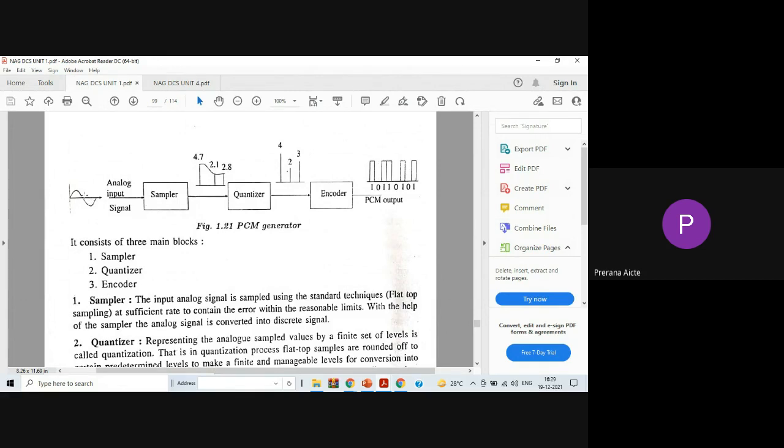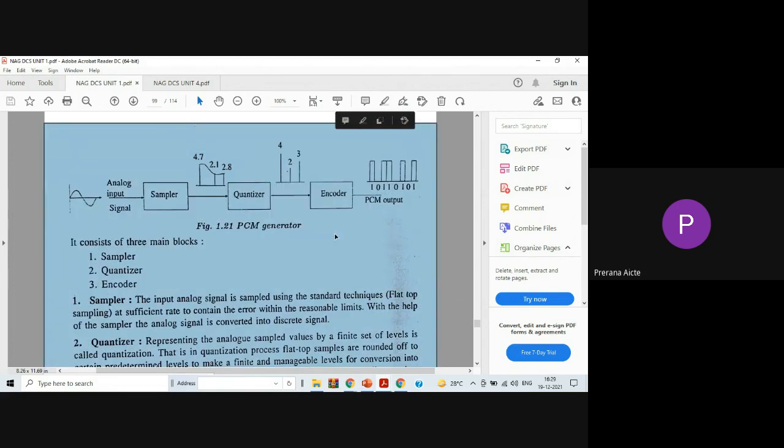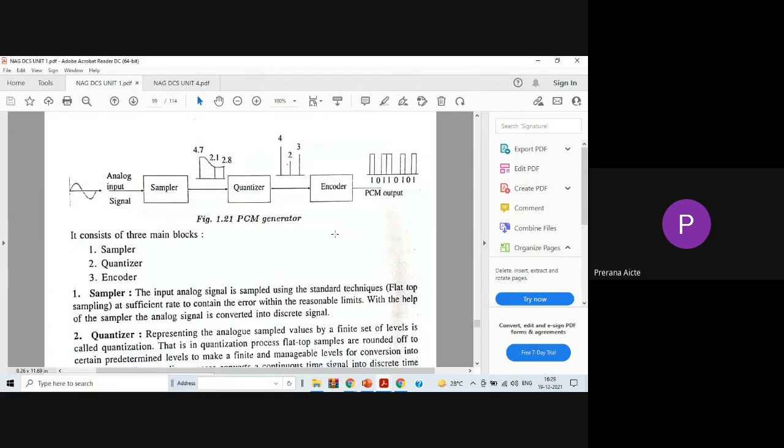We take the analog signal, the sampled signal x(nTs), and the quantized signal, the discrete level amplitude signal, and from the encoder we get this data as the PCM output.